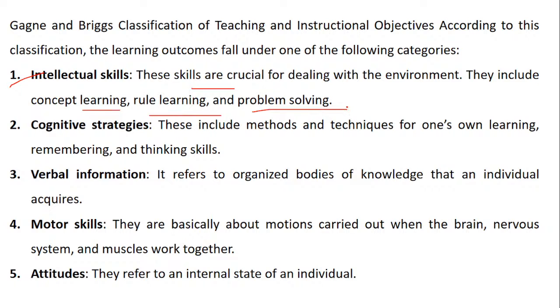So when we talk about intellectual, it deals with concepts with respect to concept learning, rule learning and problem solving. Now what is this rule learning? Rule learning is basically mechanism learning, that is, computerized learning is a type of rule learning, wherein you have a process to be followed, like a logic.